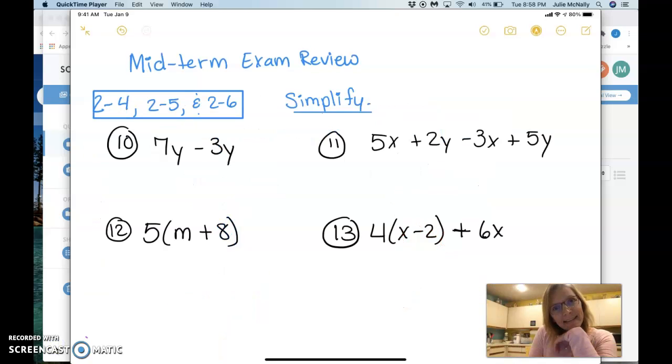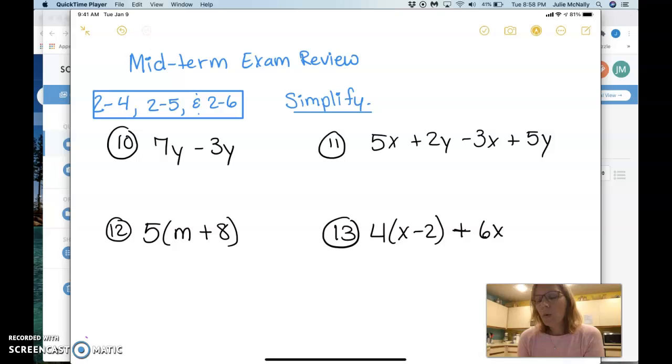For the next section, it says simplify. So what I need to do when it says simplify is combine my like terms. This actually covers 3 different sections because in the book it breaks it up by addition and subtraction and multiplication and division, but we're just throwing them all together in this one section.